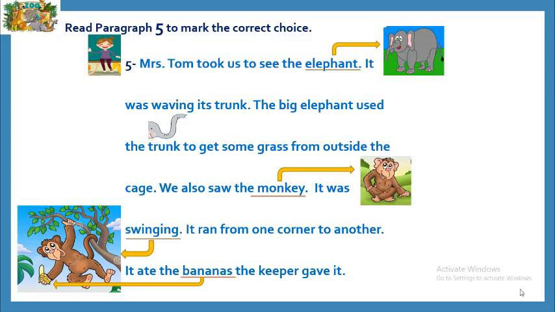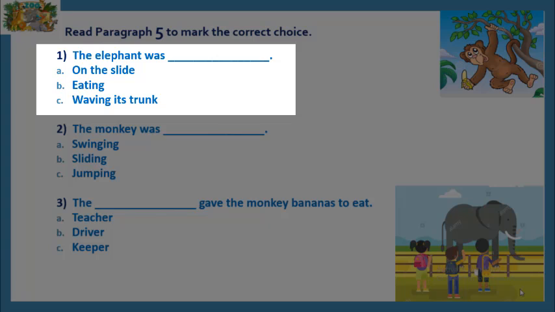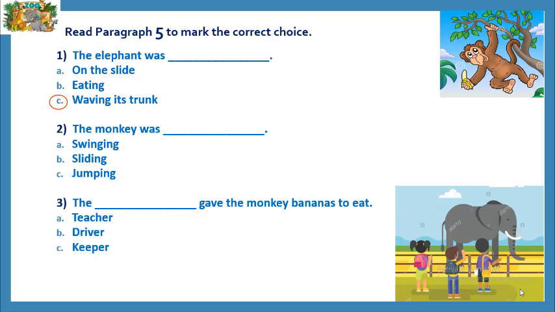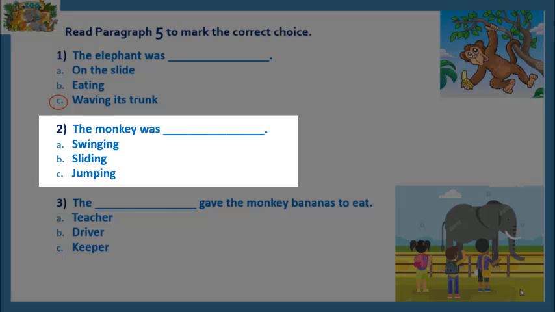Number 1. The elephant was on the slide, eating, or waving its trunk. Bravo! The elephant was waving its trunk. Number 2. The monkey was swinging, sliding, or jumping.